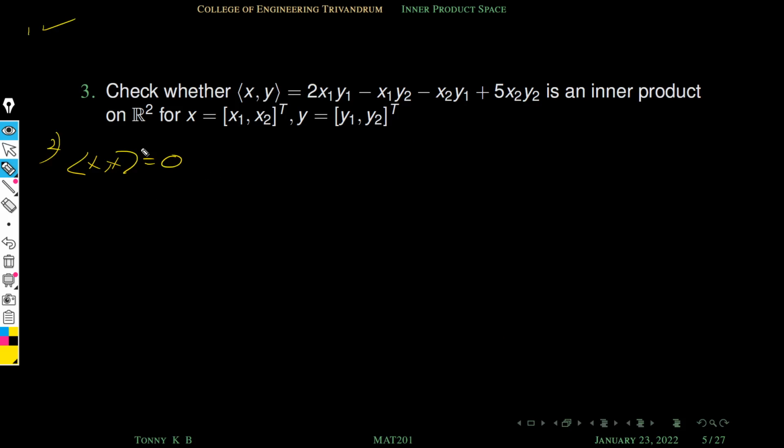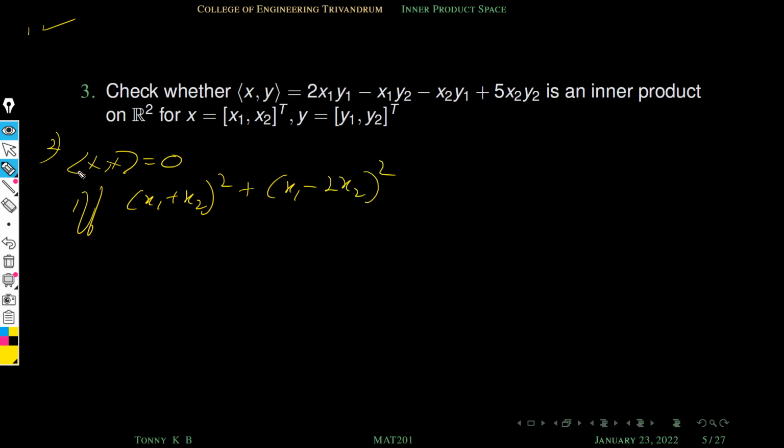Next we have to verify the second condition, that is, inner product ⟨x, x⟩ equal to 0 if and only if x equal to 0. So we consider one side, ⟨x, x⟩ equal to 0. In the previous case, we know that ⟨x, x⟩ can be written as (x1 plus x2) whole square plus (x1 minus 2x2) whole square.